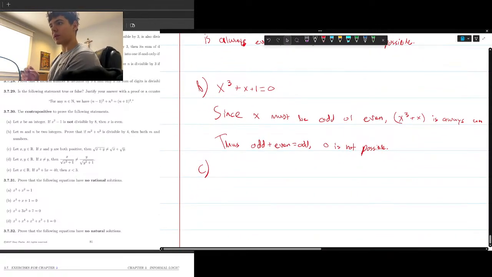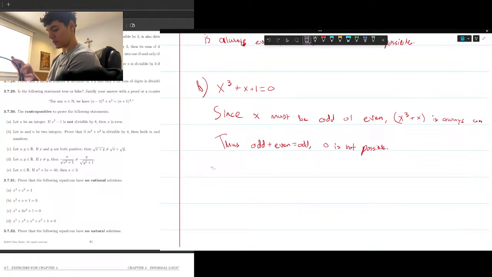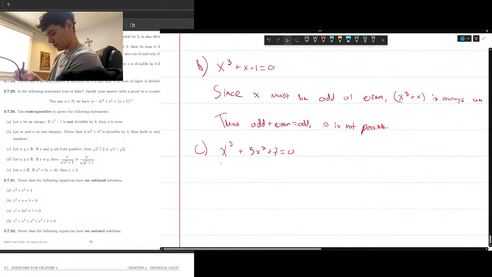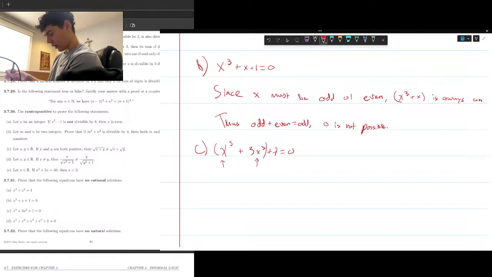C, x cubed plus 7x. Okay, so again, I guess throwing us a bit of a curveball here because we have 3x cubed. So let's analyze this. If x is an even number, then this is even and this is even. Then we have odd equal to even. That's not true. Okay, so what if it's odd?